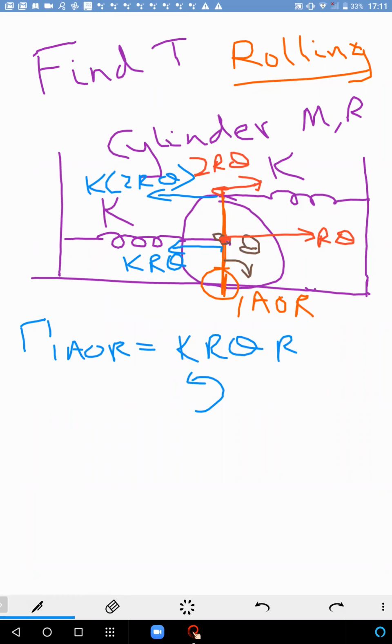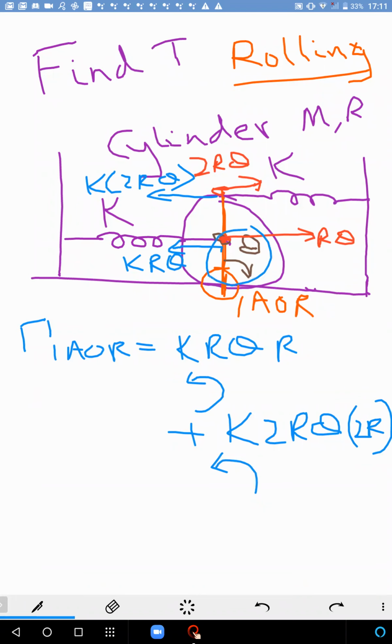And the other one is k 2r theta force into lever arm. The lever arm is 2r. Later I have to put a minus sign, so I'll put it in. Technically theta is clockwise but the torque is anti-clockwise. So finally, if you want to write this torque in terms of theta, this becomes negative of: this is k r square and this is 4 k r square, so together 5 k r square, minus 5 k r square theta.